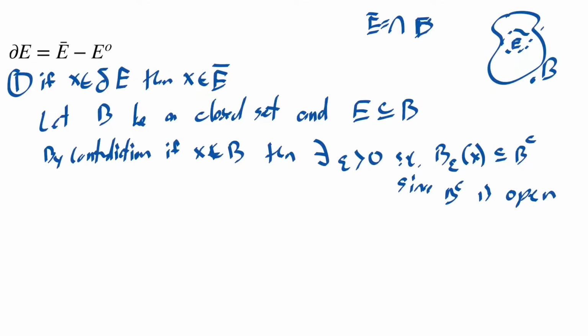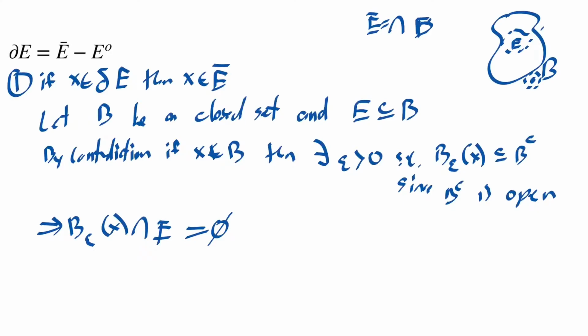And then if I took an X outside of B, then the outside is open, so I can make an open interval contained within that. But then what does that mean? That means that B sub epsilon X intersect E would have to be the empty set, because E is completely contained in B, so it definitely has no intersection with B complement.